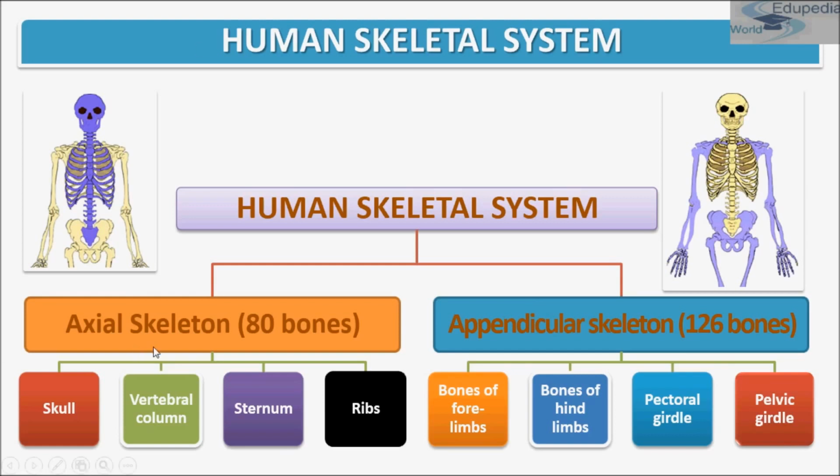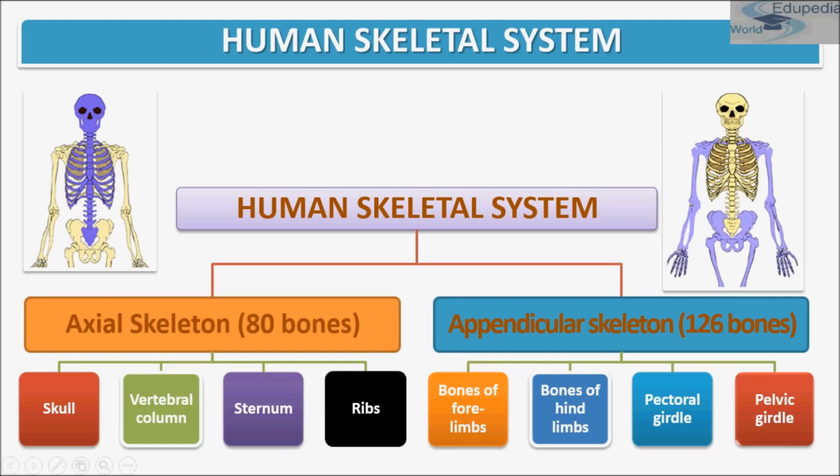The axial skeleton consists of 80 bones and, on the contrary, the appendicular skeleton consists of 126 bones. Please note that skeletons of different designs are needed for aquatic or terrestrial animals, but we'll study the human skeletal system here.